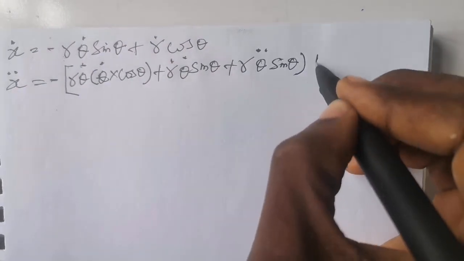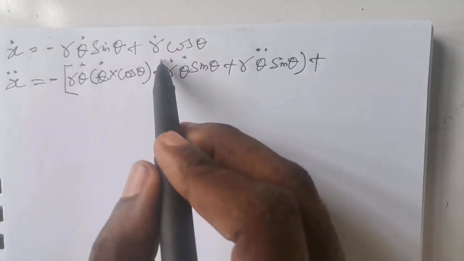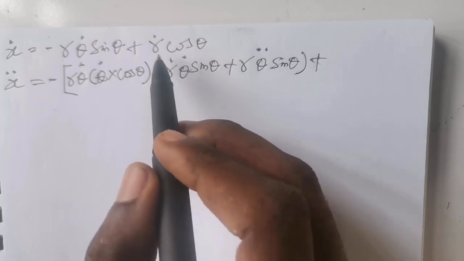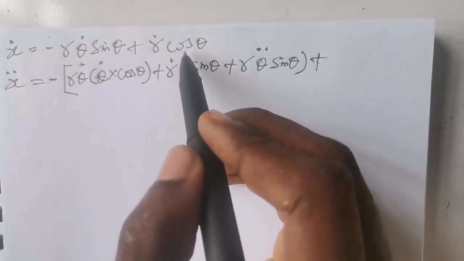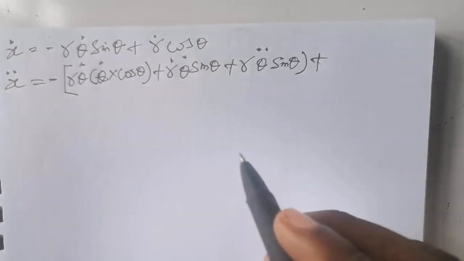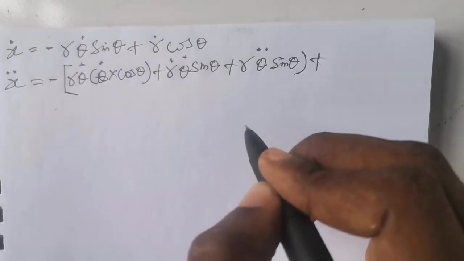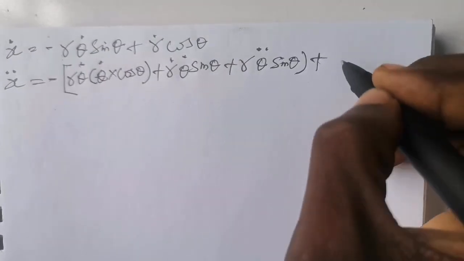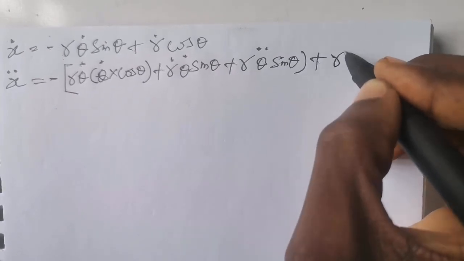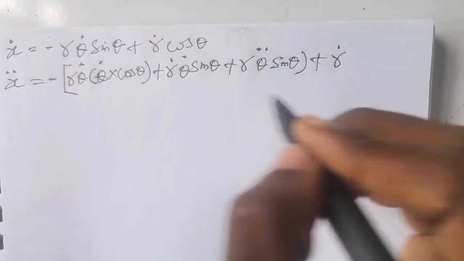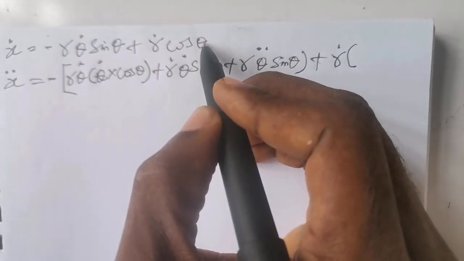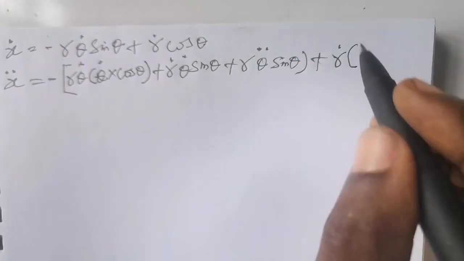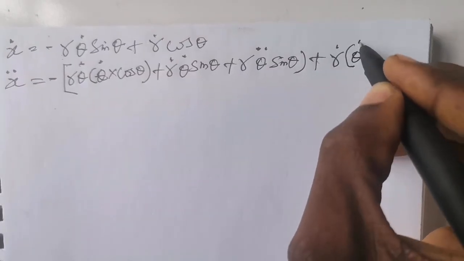Now plus, this is now the derivative of two functions, product rule once more. So you're keeping r dot, differentiating cos theta, plus now you keep cos theta and differentiate r dot. So we can do that underneath here. So you hold r dot, differentiate cos theta, but remember, to differentiate cos theta, you have to first of all differentiate the angle theta. So differentiating the angle, you have theta dot.